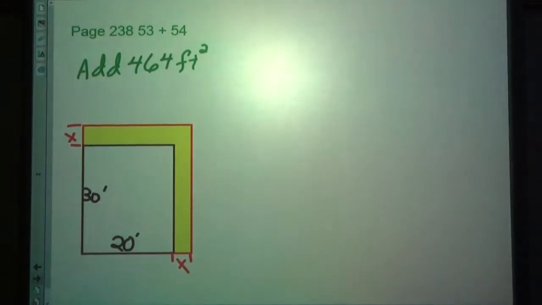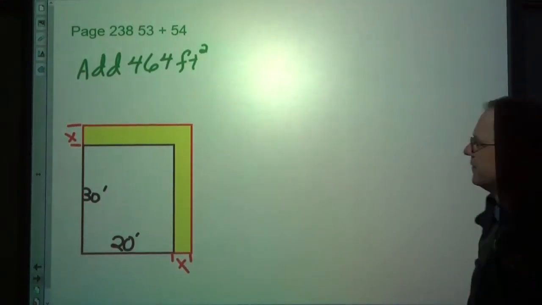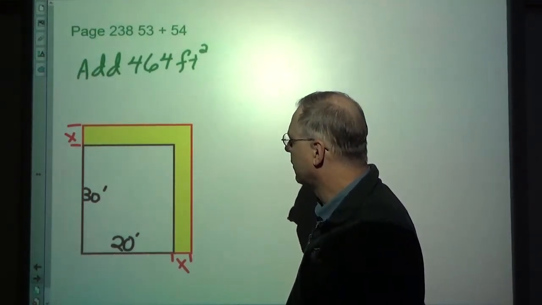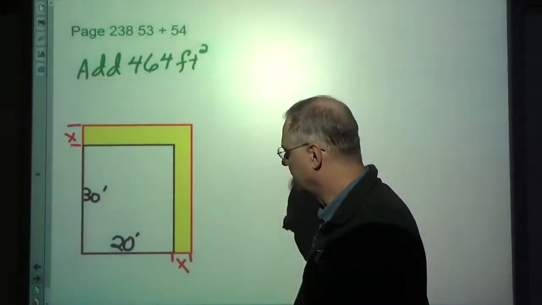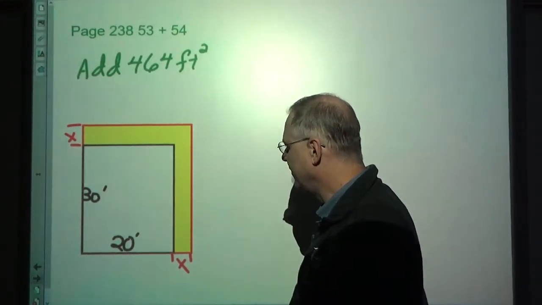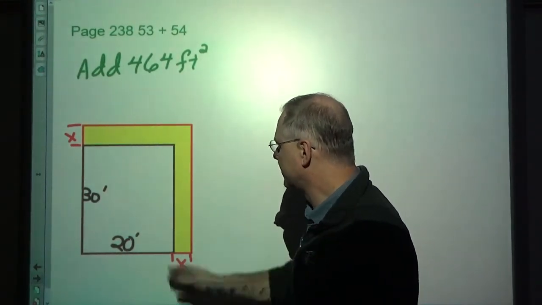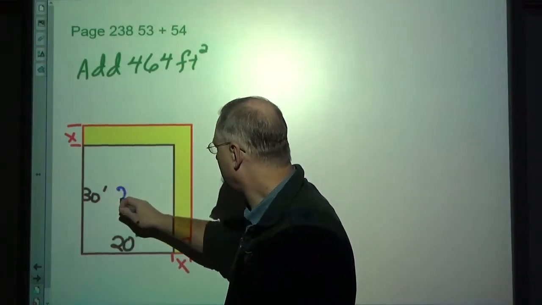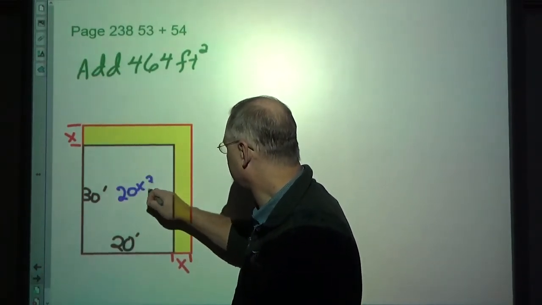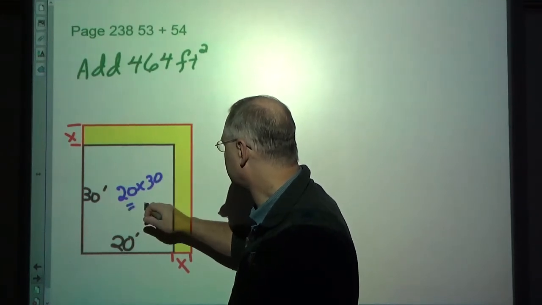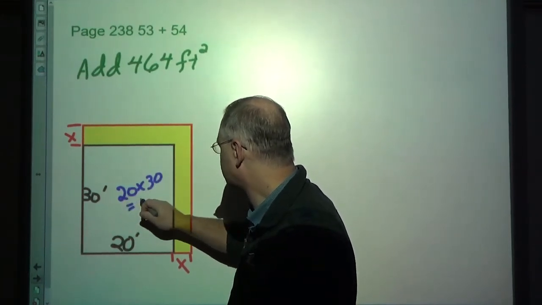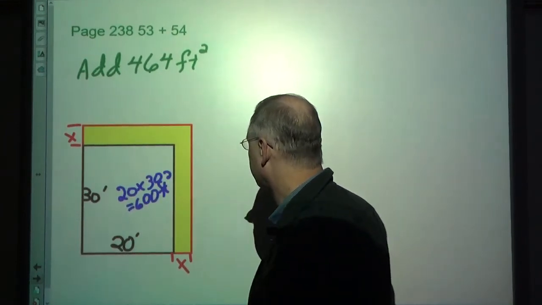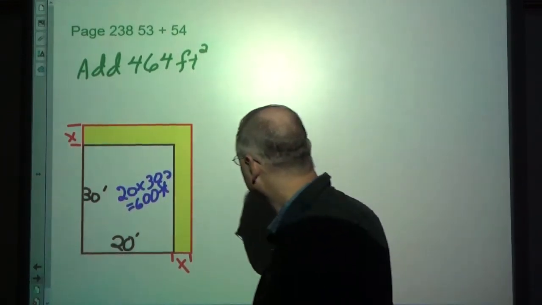All right, so first I want to figure out what x is. Well, I know that the original shape is 20 by 30, which would equal 600 feet squared. That's not very good writing there.